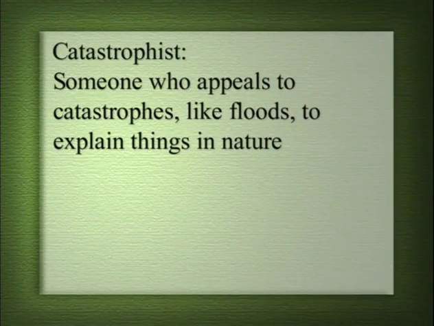But sometimes historians and others have made Werner into a so-called catastrophist as well. A catastrophist is someone who appeals to catastrophes, like floods, to explain things in nature. Catastrophes are sudden and dramatic, violent events that leave profound change in their wake. We'll meet some catastrophists in later lectures.